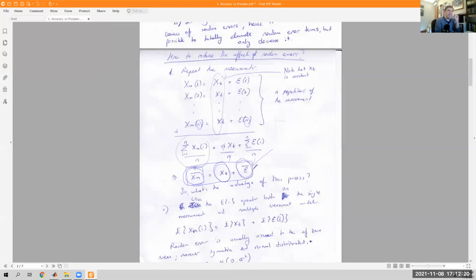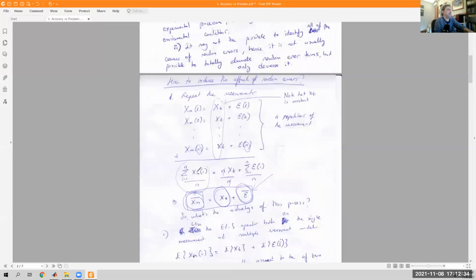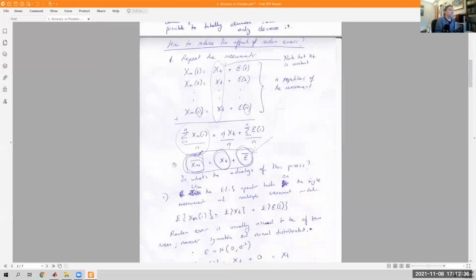So now let's study the statistical properties of this equation and also this equation. Why these two equations? Because this is the equation representing a single experiment, and this is the statistical model representing the result of the n averaged experiments.